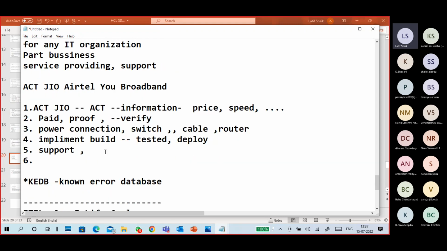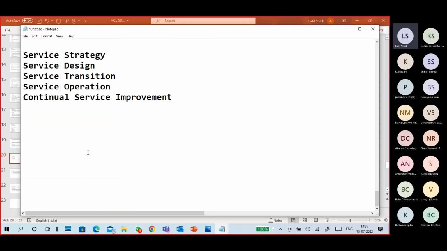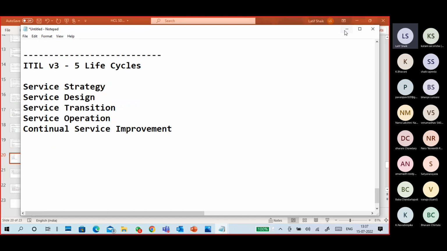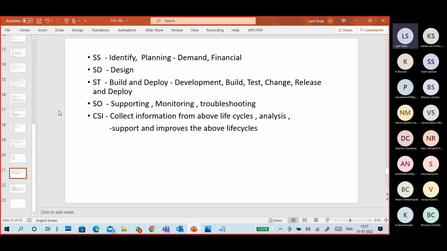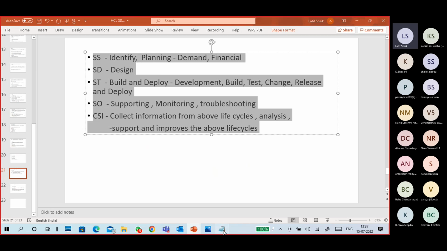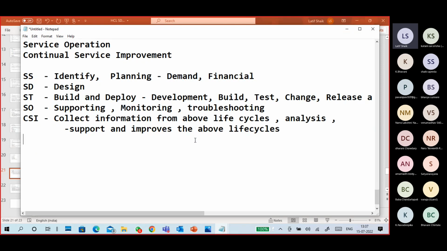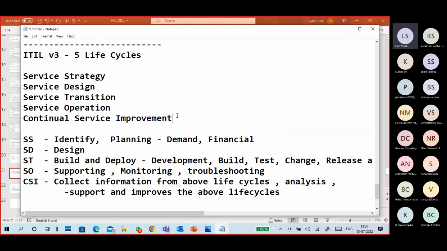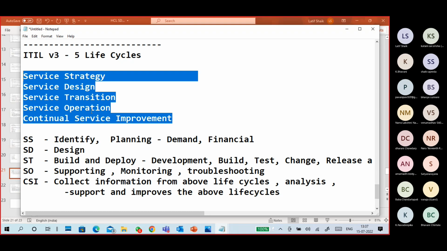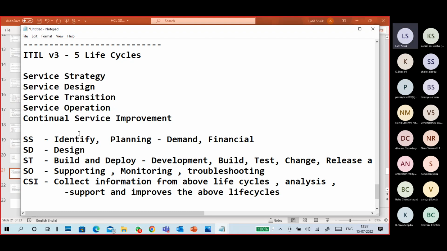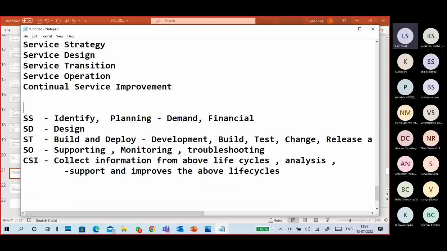I told this example to explain these things only. Guys, what do you have to do? How to remember all these things? If you cannot remember them by heart, no problem. But don't change the life cycle pattern.